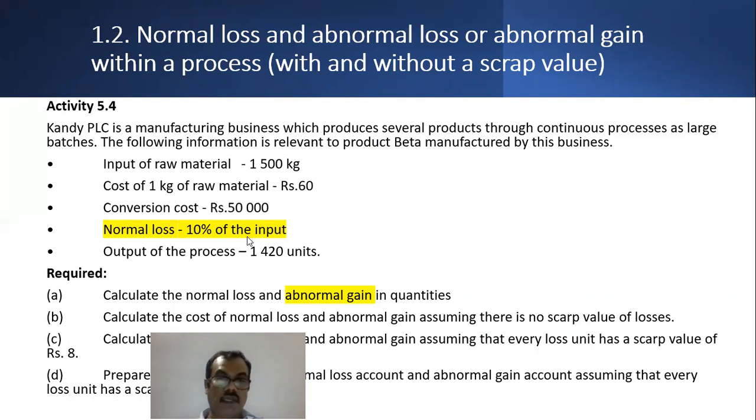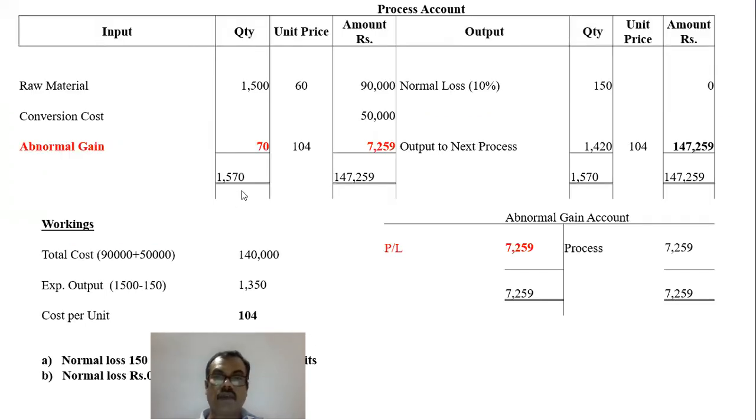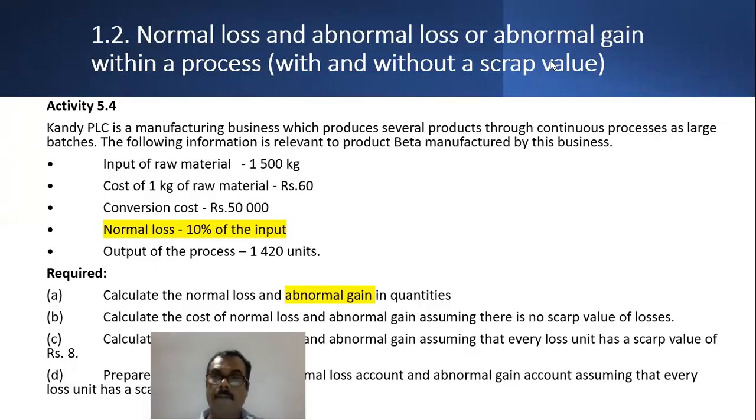Abnormal gain is 70, right? Must be. Okay, have a look and see. So roughly, 1500. If the loss is 10%, simply apply 10% of this 150. 1500 minus 150 means 1350.